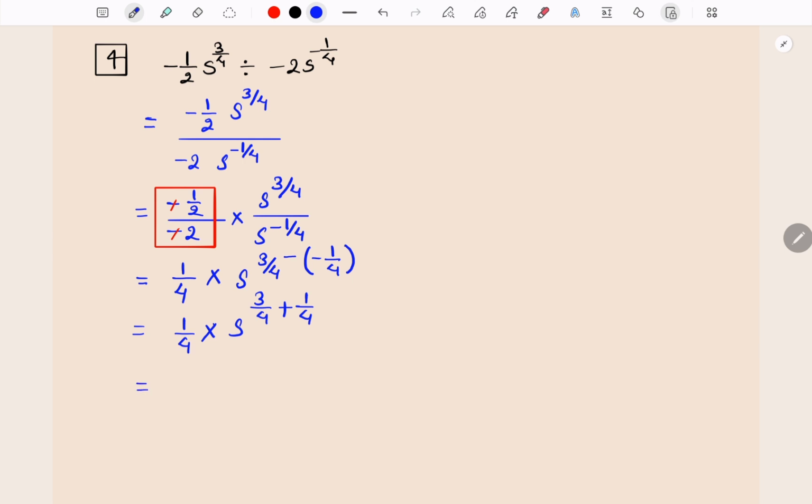Again 1 over 4 multiplied by s. 3 over 4 plus 1 over 4 gives 4 over 4. Now we have 1 over 4 multiplied by s. 4 over 4 is 1. So we have s divided by 4 as the final answer.